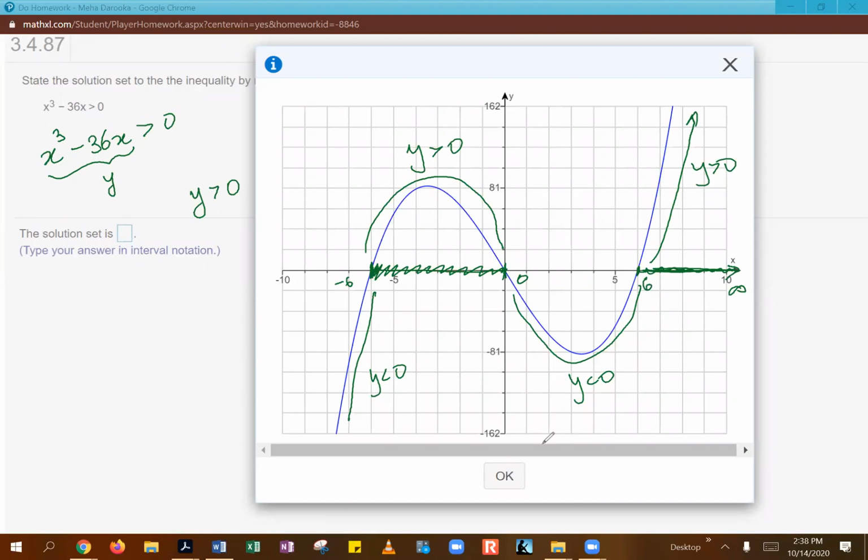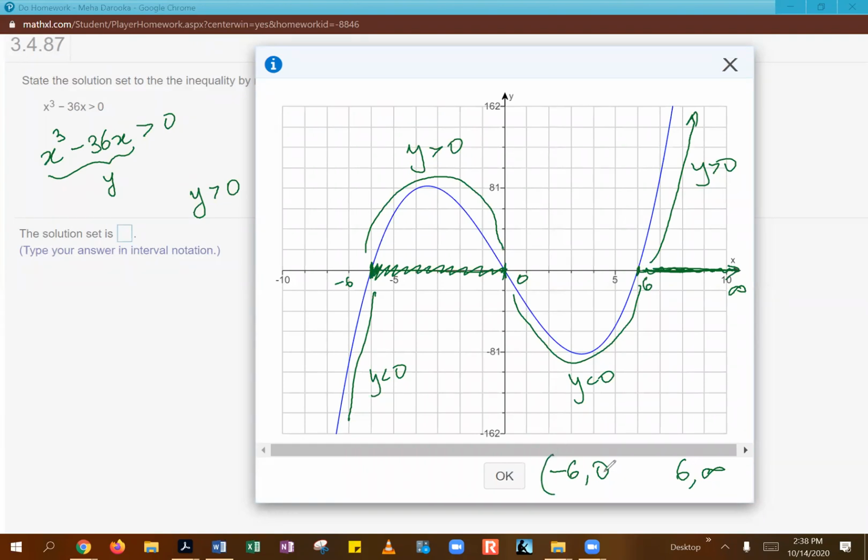Now be careful, because depending on what your inequality symbol is, you will know if you need to include your endpoints or not. Since this is just a greater than inequality, there's not that little equal to sign.